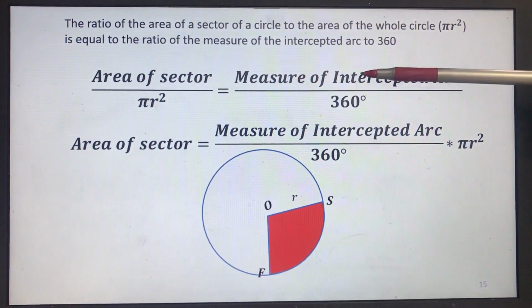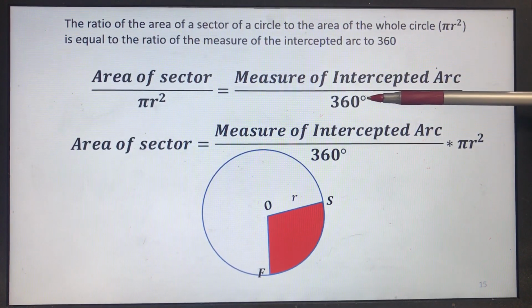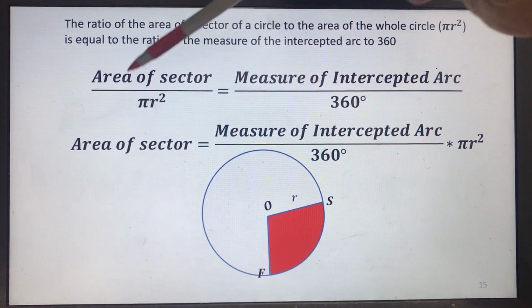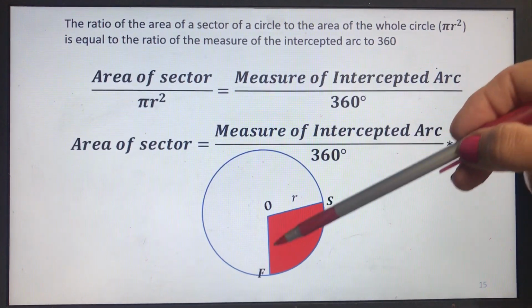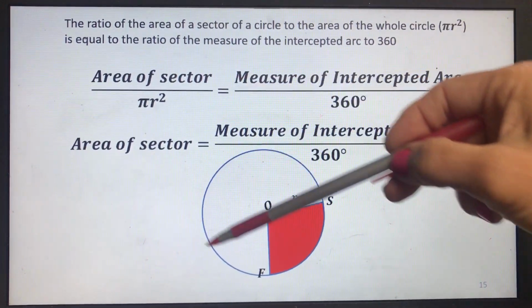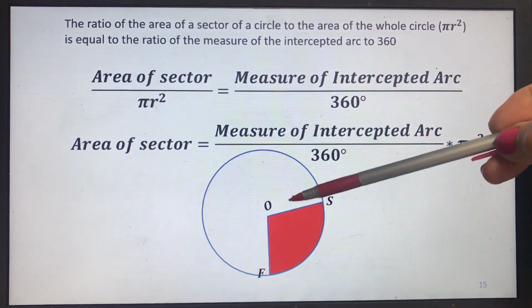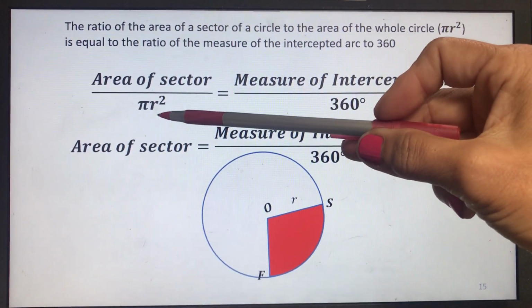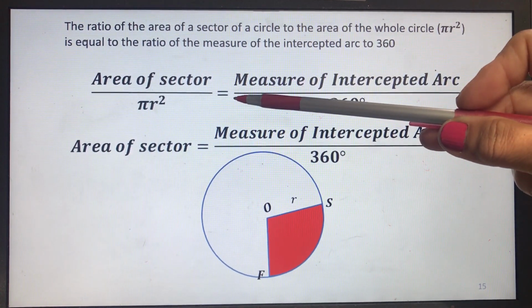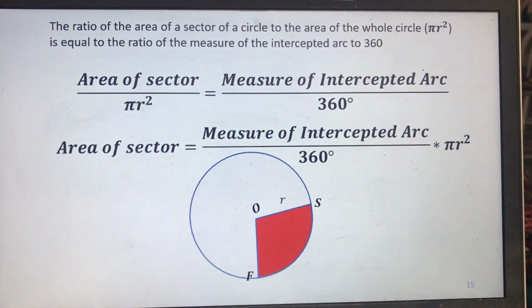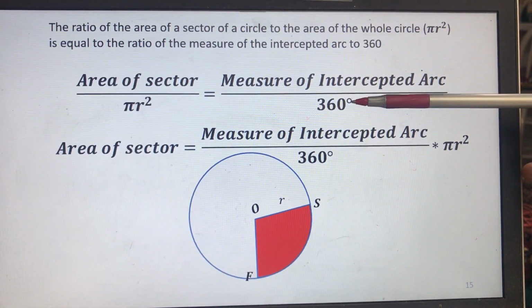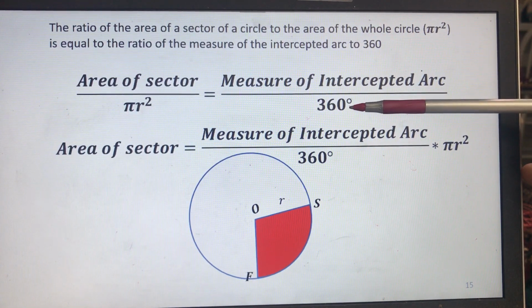We have a ratio, and to the right side, we also have a ratio. So we're saying here that the area of a sector, which is this red area, is to the area of the circle, which is represented by pi times the square of the radius, is going to be equal to what the measure of the intercepted arc is to what? Is to 360 degrees.